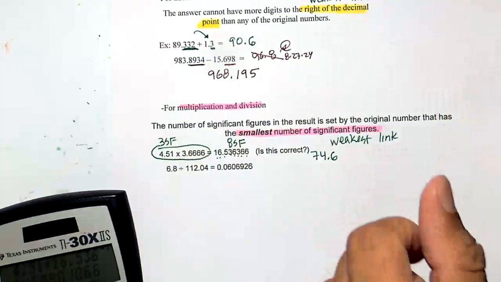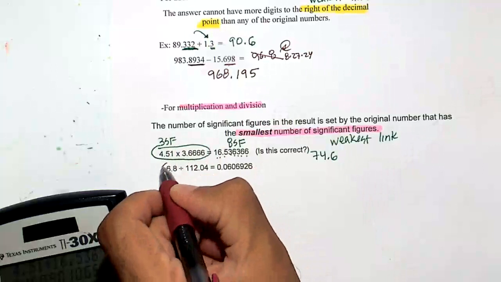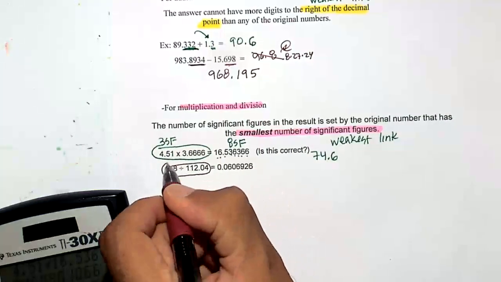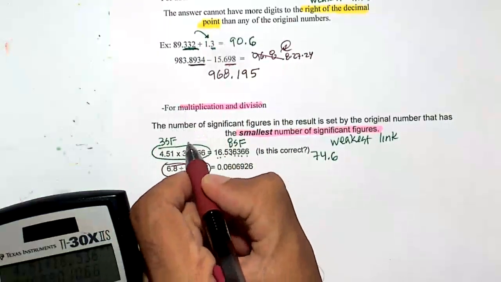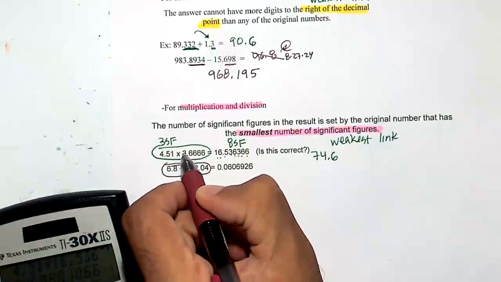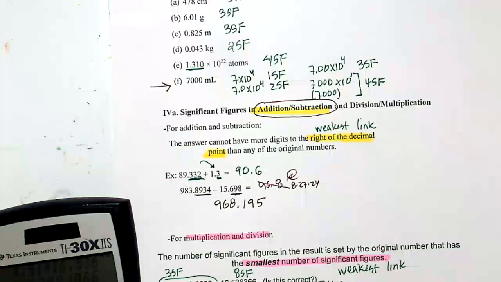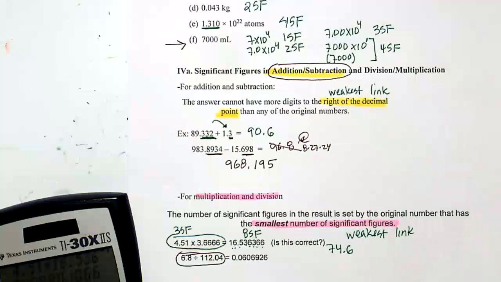How about this one? I have a question. What we're saying is 3 sig figs. Why did we do that with the one above? Because for addition and subtraction, you're only looking at the number of decimals. For multiplication and division, you're looking at the number of sig figs.